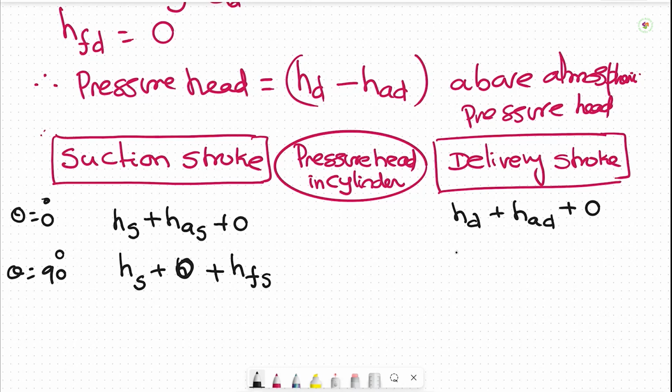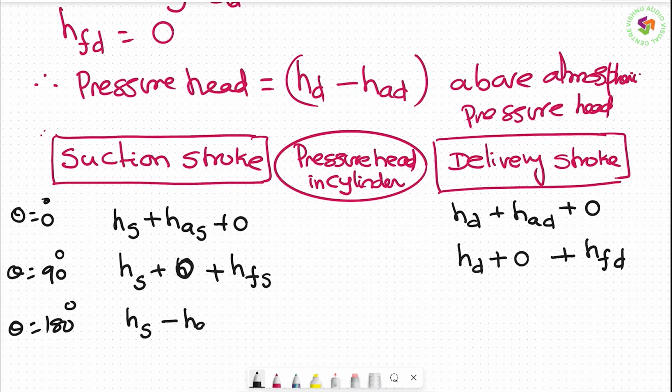Here it is equal to HD, this is 0, this is HFD. When theta is equal to 180 degrees, it is Hs minus HAS, 0, HD minus HAD, 0. So this is the thing.